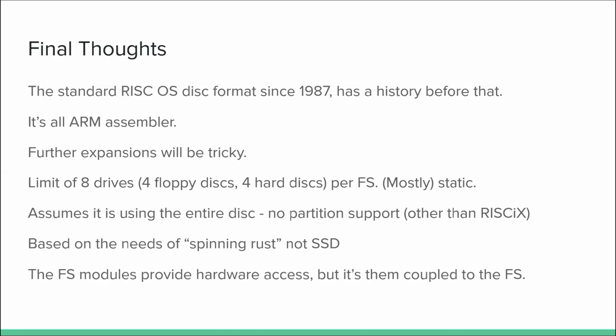What happens with other filing systems, such as Net filing system or LanMan filing system? I thought they still had to work through Filecore. Is that not what they do? Things like NetFS or LanMan will go through FileSwitch, which is the higher level again.